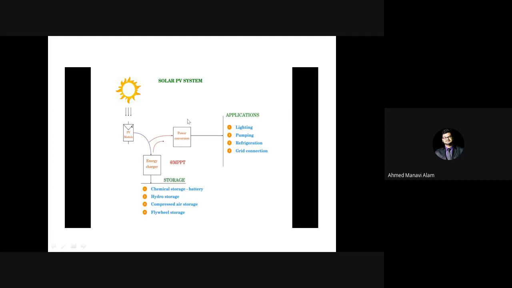The power conversion devices are the power electronics devices you have been taught in, I guess 3.2, yes, 3.2. So the power electronics devices will help you to convert the PV power to your device application.